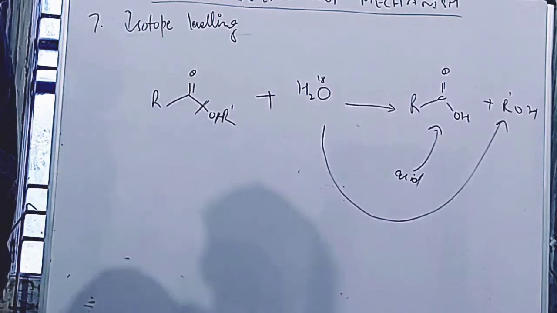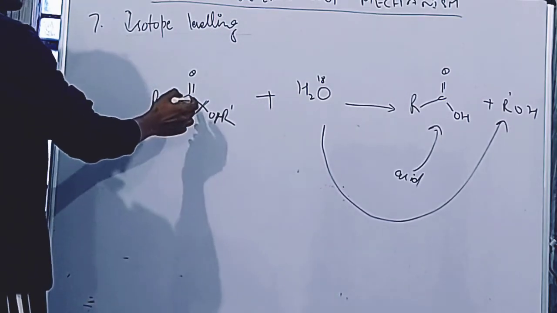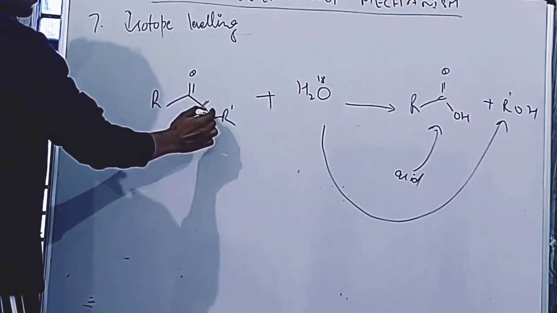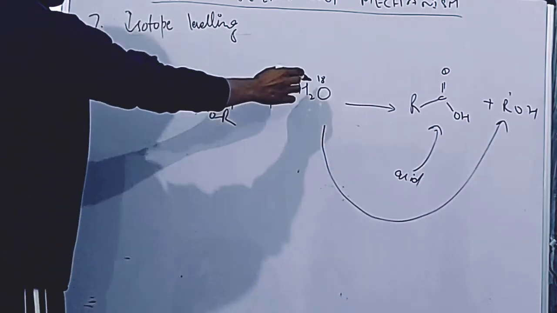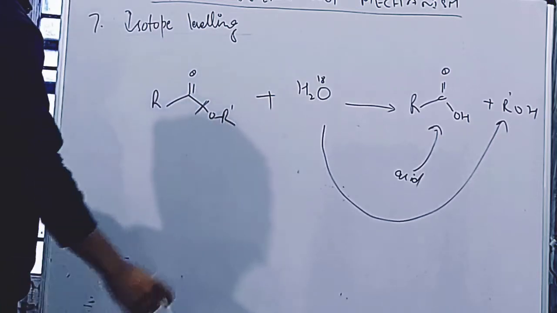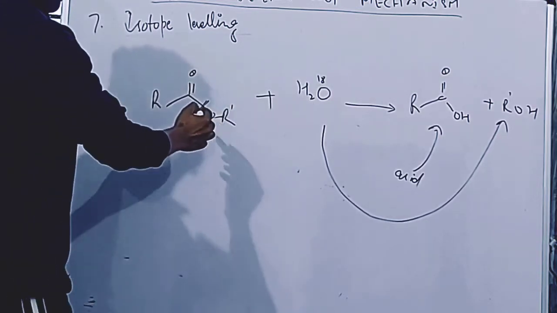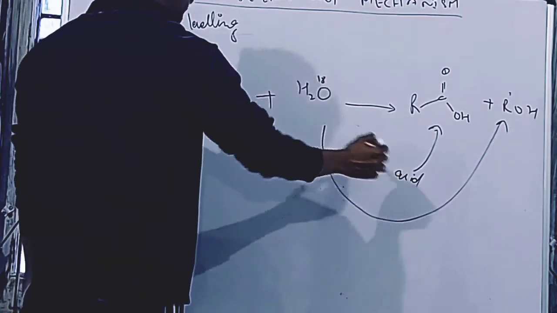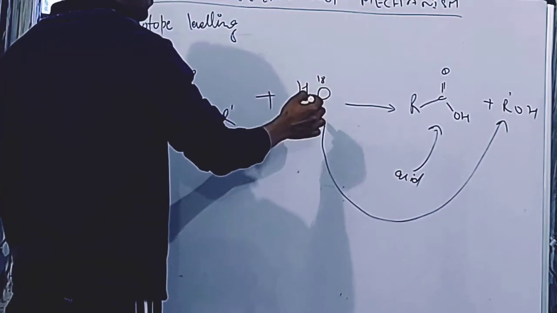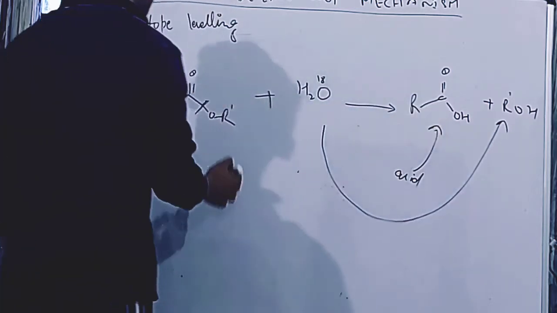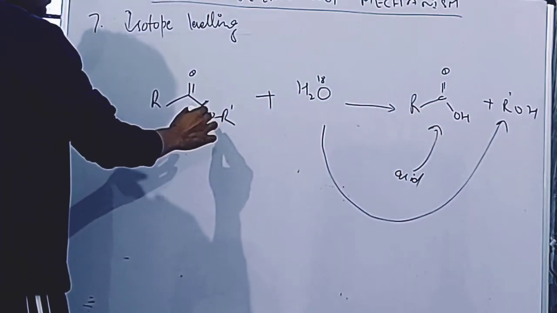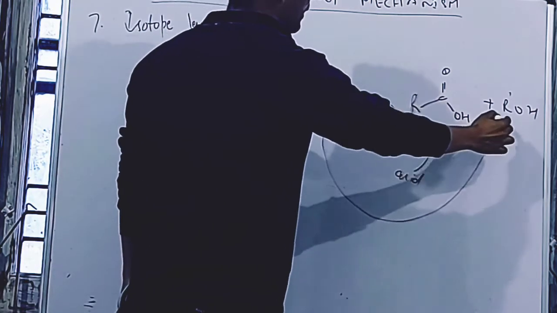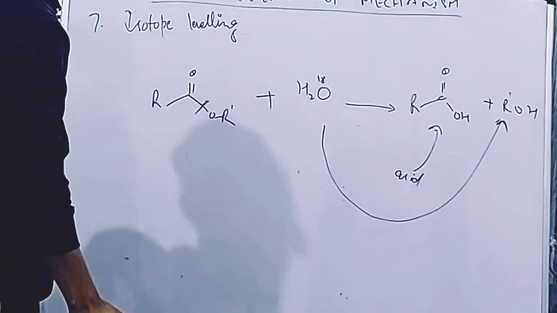What I want to convey here is that the question was whether this acyl bond is broken or the OR bond is broken in this particular reaction. So we used the 18O isotope of oxygen, and there will be two products. If the acyl bond of this reactant is broken, the 18O isotope will go here, and if the alkyl bond is broken, the 18O isotope will go to this product. This is the benefit of isotope labeling.